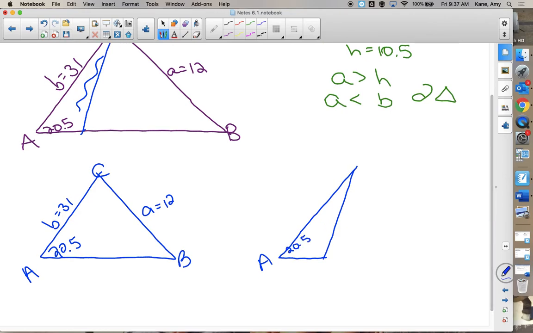This is still side A, which is still 12, and this is still side B, which is 31. I'm going to call this C2, and I'm going to call this B2, because these angles are now different. But the other values are the same, because we still started with angle A, we still started with side A, and we started with side B.